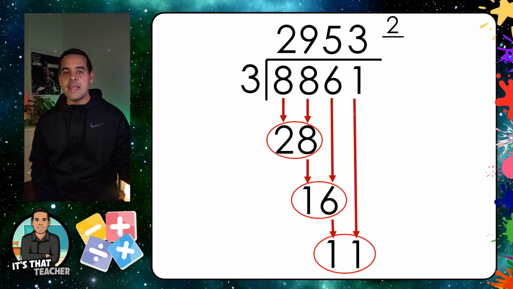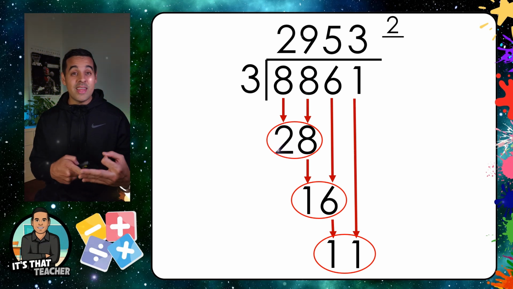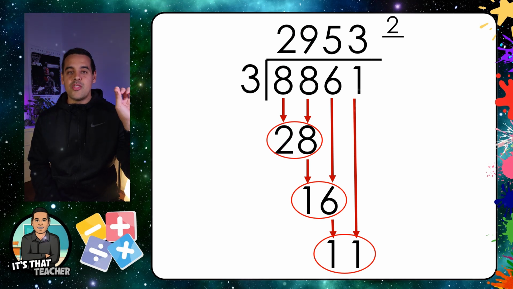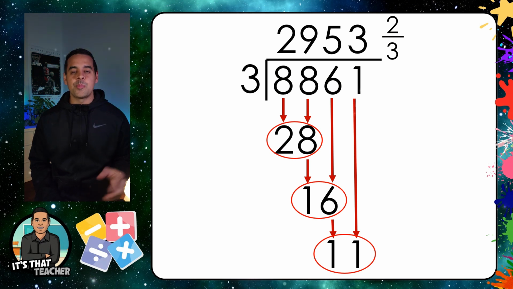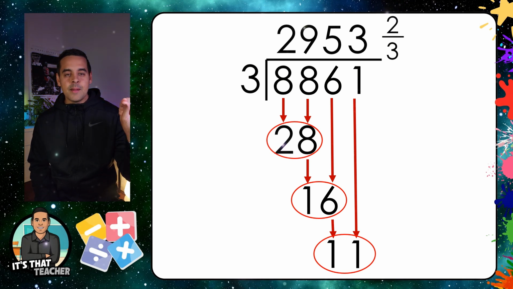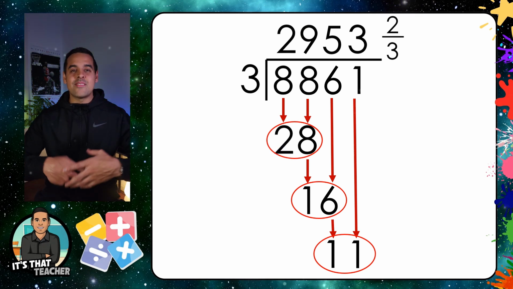So we're dividing 8,861 divided by 3. The 3 is the divisor. Now, the divisor becomes the denominator. So the 3, whatever you're dividing the large number by, becomes your denominator when you have remainders as fractions.